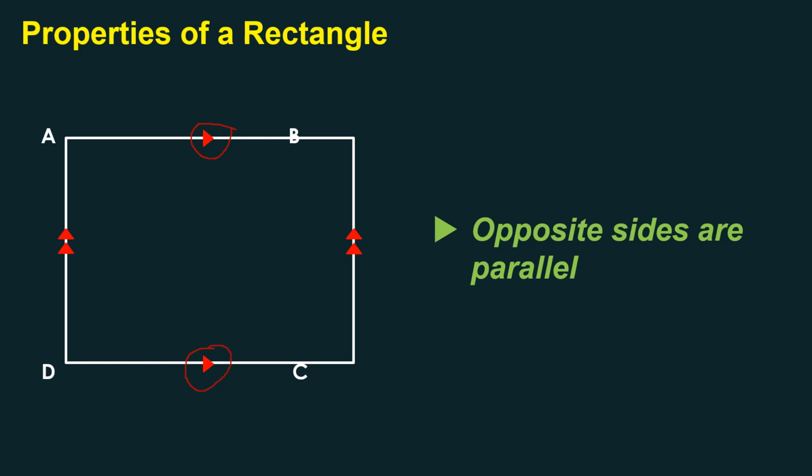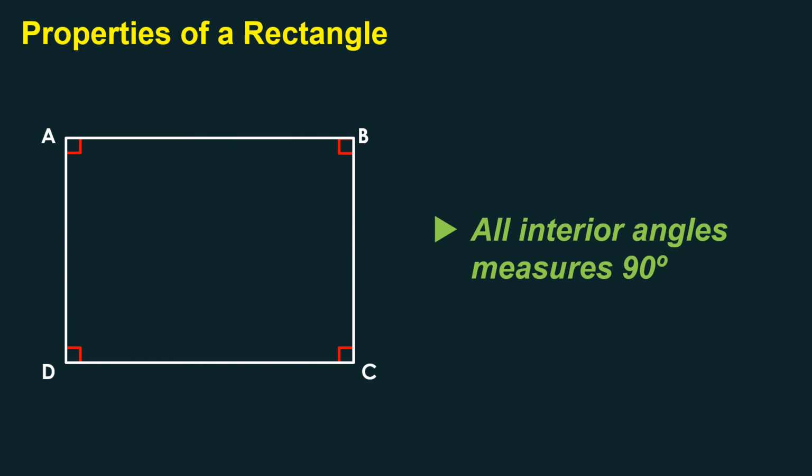And side AD is also parallel to side BC. Next, all interior angles measure 90 degrees. So same with the squares, all the angles here are 90 degrees.